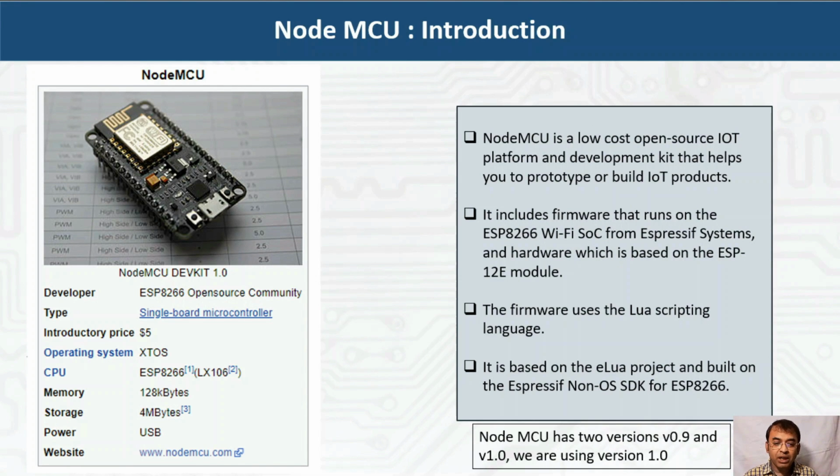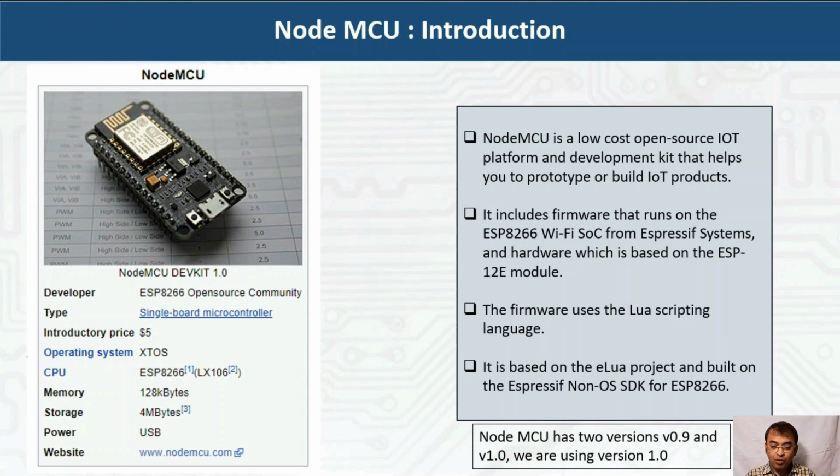Now I will come to what is NodeMCU. Guys, you can see the picture of NodeMCU. The model name is NodeMCU Dev Kit 1.0. Developer: ESP8266 open source community. Cost around $5, is very cheap. Operating system XTOS, that is a real-time operating system.